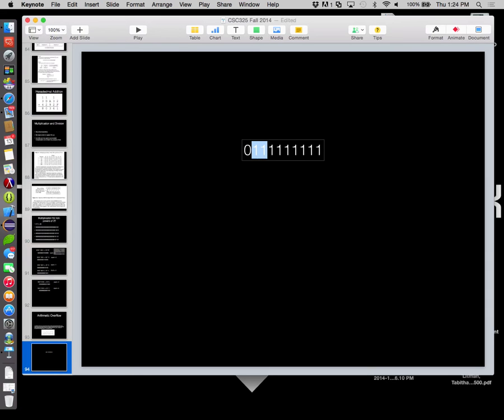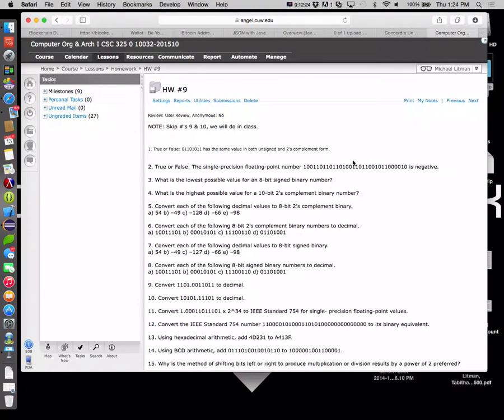What value is this? 511. Positive 511. So that's plus or minus 2 to the 9th power. You could have written the binary version of this, or you could have written positive 511 for the highest possible value. Either one is fine. Make sense?